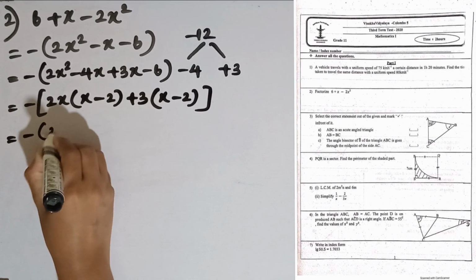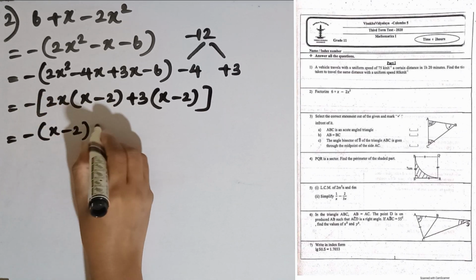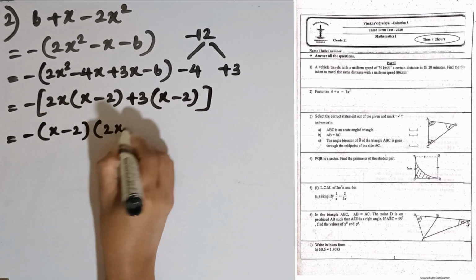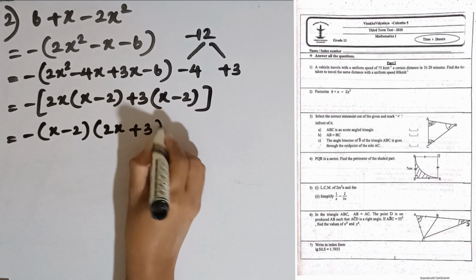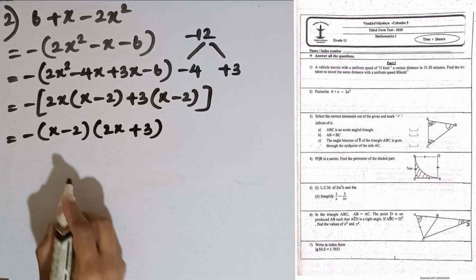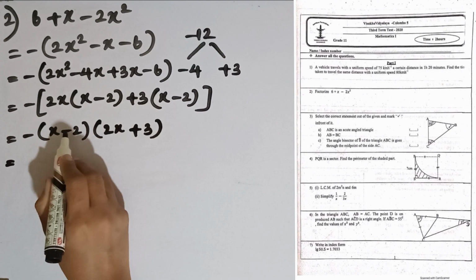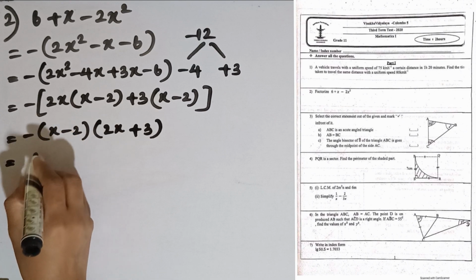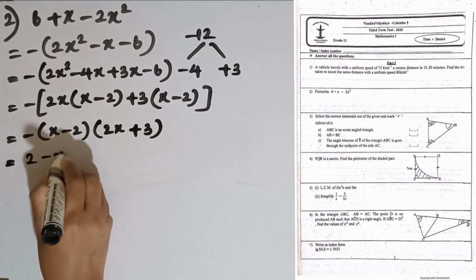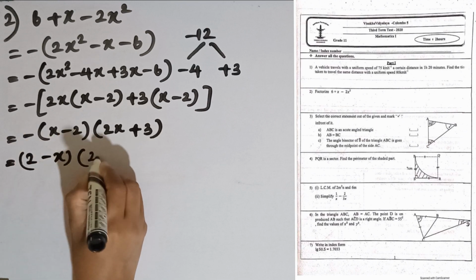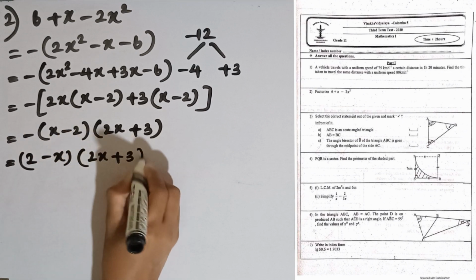Minus x minus 2 is a common factor. Then within brackets you get 2x plus 3. These are the two factors. Or you can take this minus sign inside and then write 2 minus x times 2x plus 3.